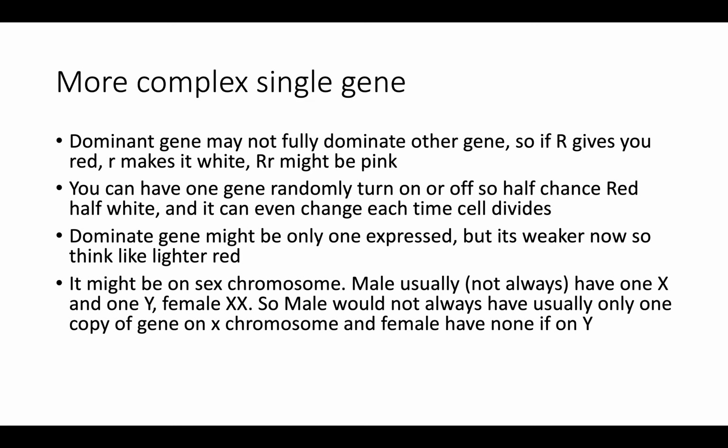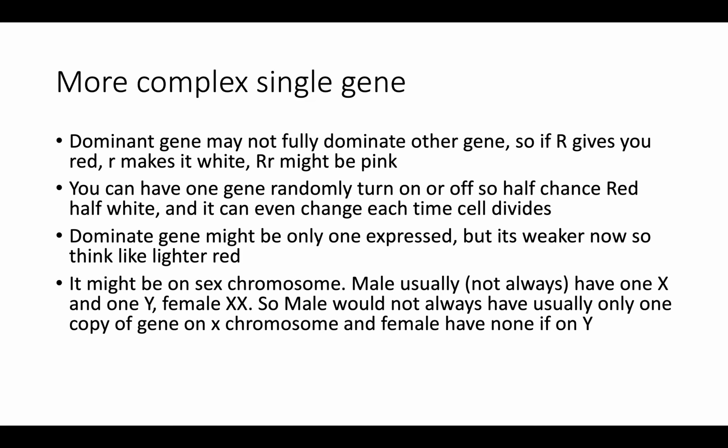But then if you had a red and white gene for flower, half the flowers might be red, half might be white, or it could be that each cell changes back and forth randomly. So randomly one cell's red, one cell's white, and that can give you a pink color, or it can be little splotches. This random turning on and off can also lead to different skin color patterns on people and birthmarks and stuff like that. So it happens all the time.